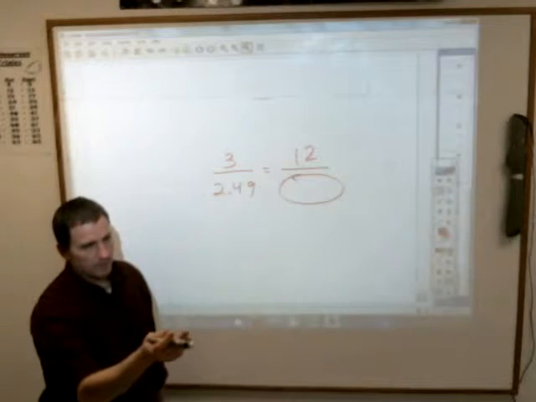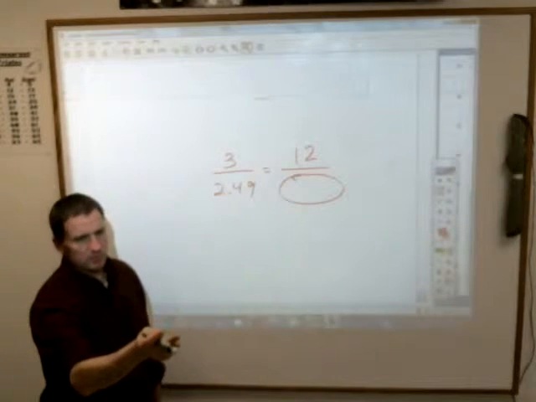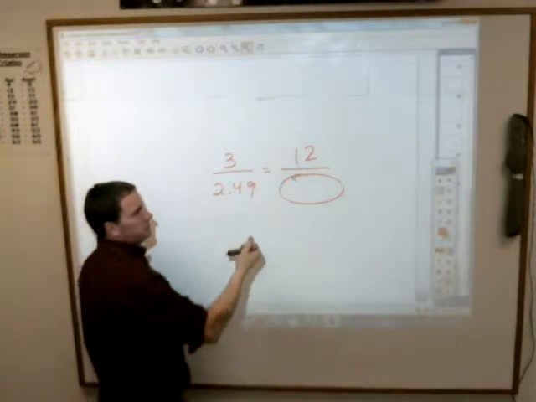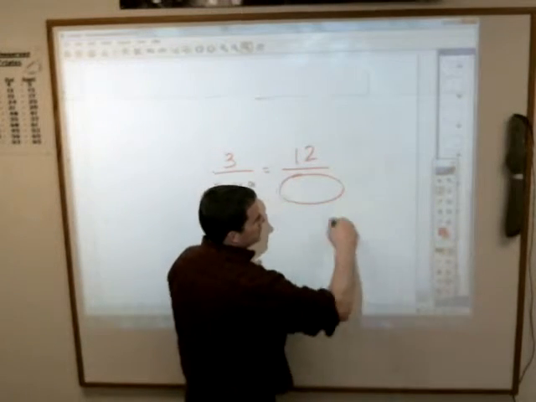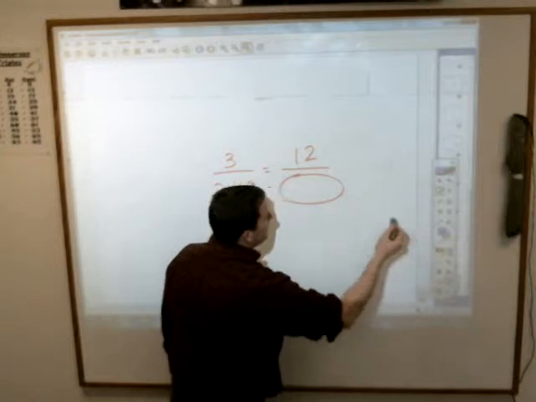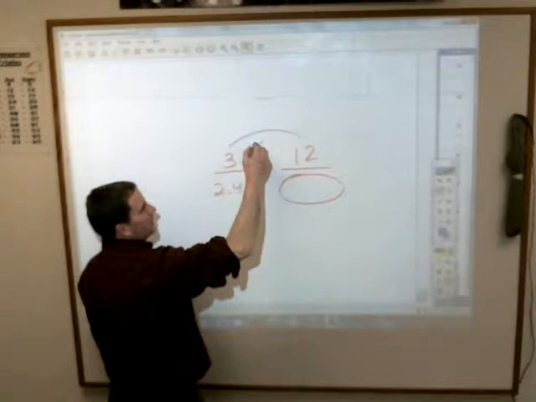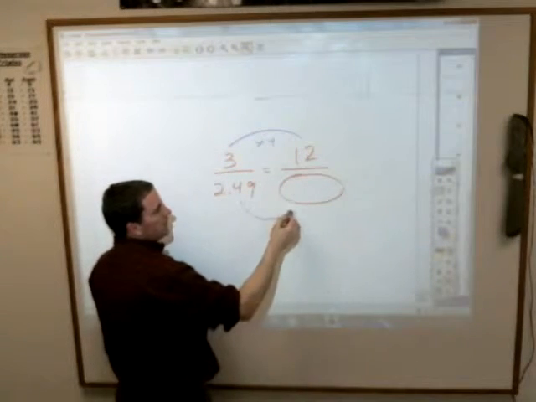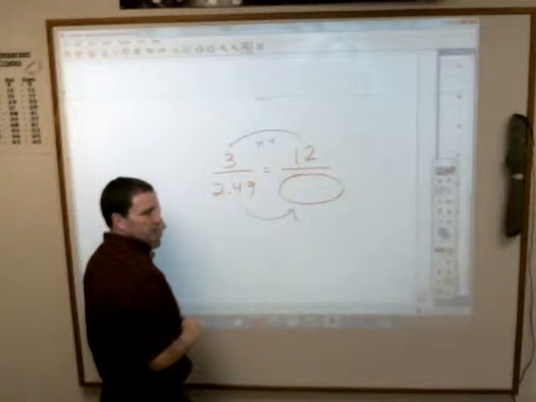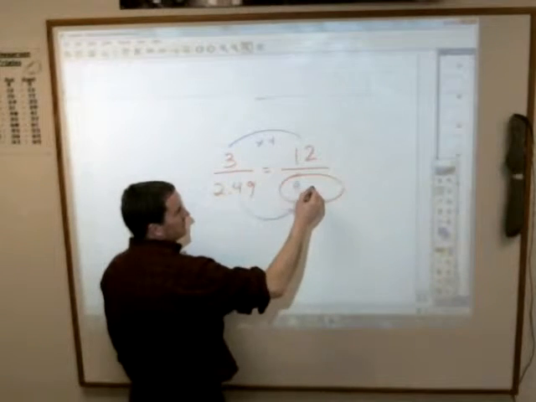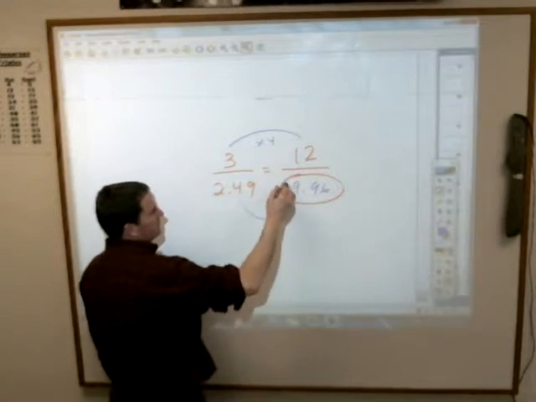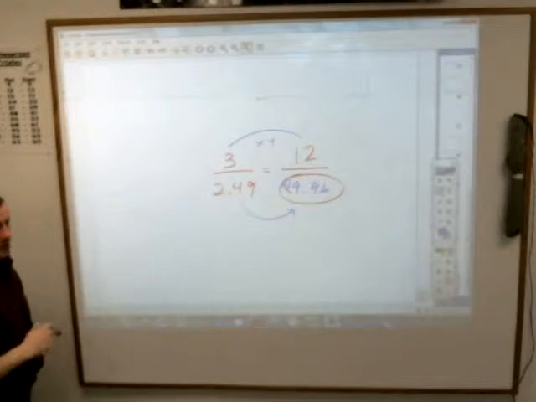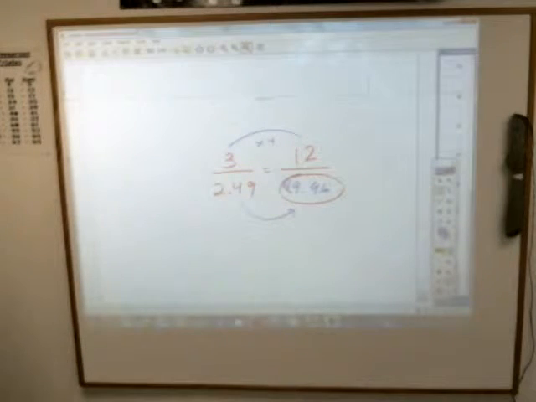Alex said, couldn't you just do this? Well, yeah, since they're equal proportions, you could have just said, okay, 3 times 4 is 12, so $2.49 times 4 gave me $9.96 if I actually would do that out. Because those things are proportional.